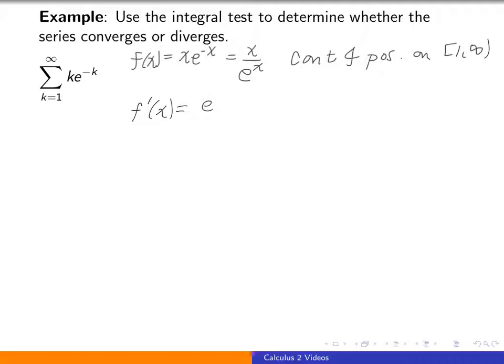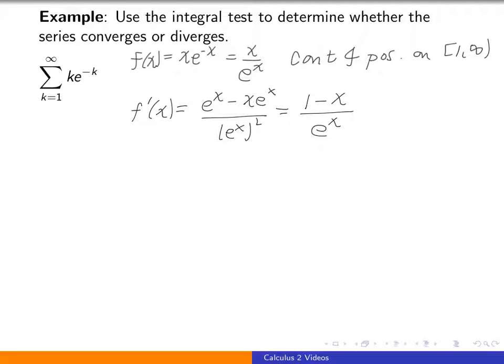So low d high minus high d low all over low squared. Note each and every term involves an e to the x, so we can pull an e to the x out of the top, out of the bottom, cancel. So that would be 1 minus x all over e to the x.